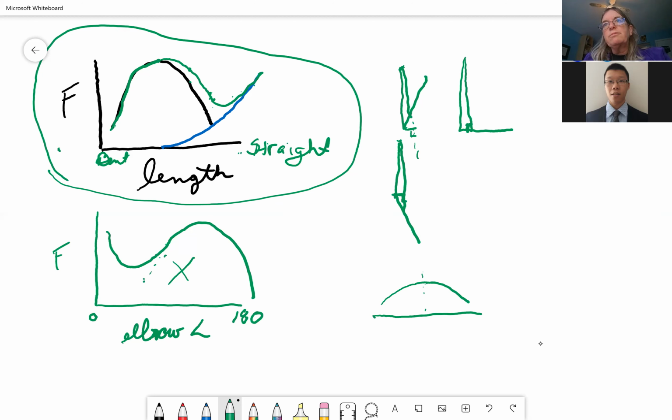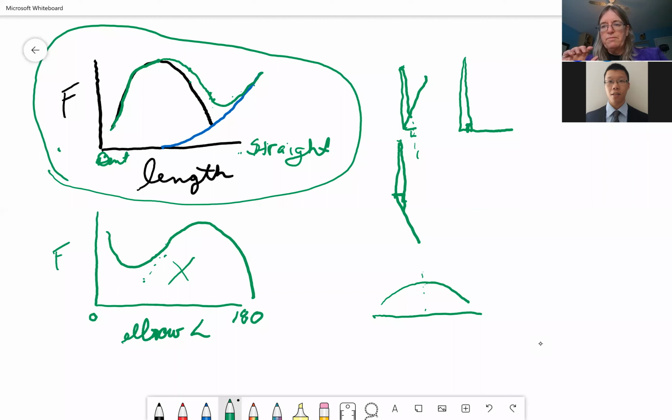But in terms of the actual torque output of the muscle, it isn't looking exactly like that, because you have to take into account the fact that the actual moment arm of the muscle changes as you go through. So it will look something different than that. Does that make sense?